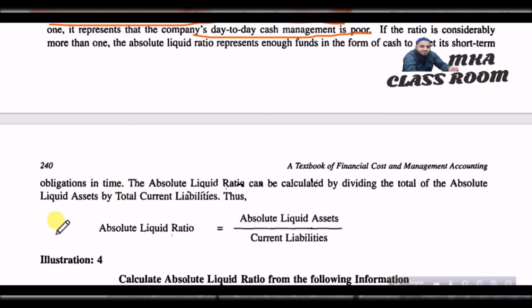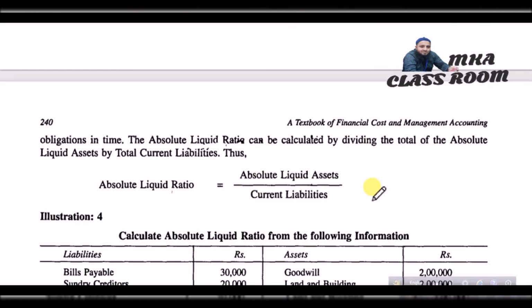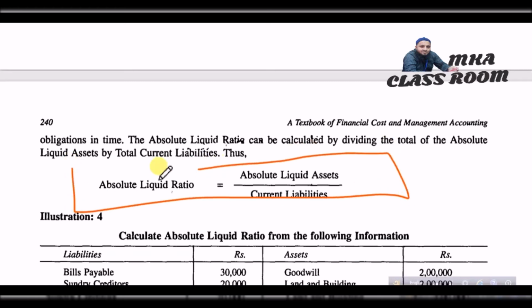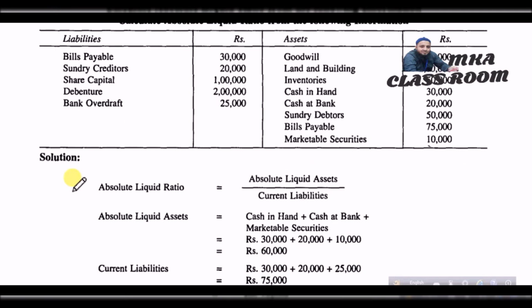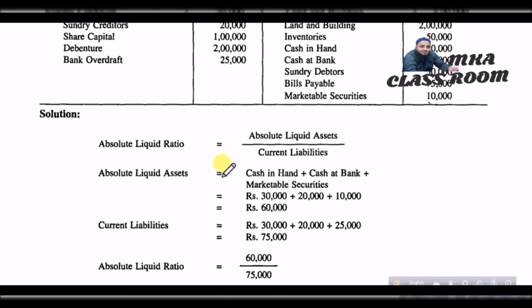The absolute liquid ratio can be calculated in this form: absolute liquid assets divided by current liabilities. Now you have to find out what the absolute liquid assets are. These are the forms of absolute liquid assets: cash in hand, cash at bank, and marketable securities.